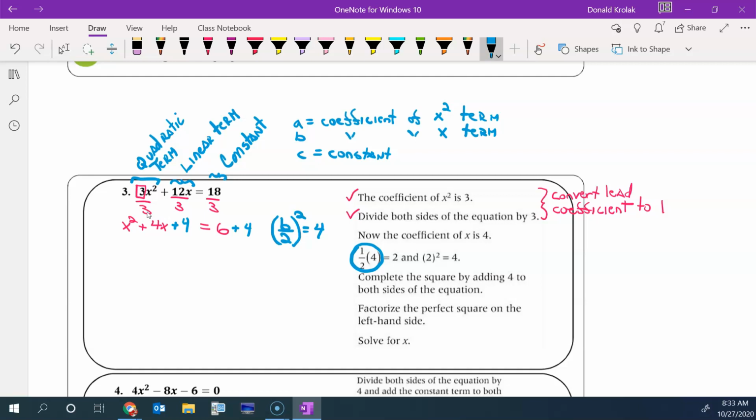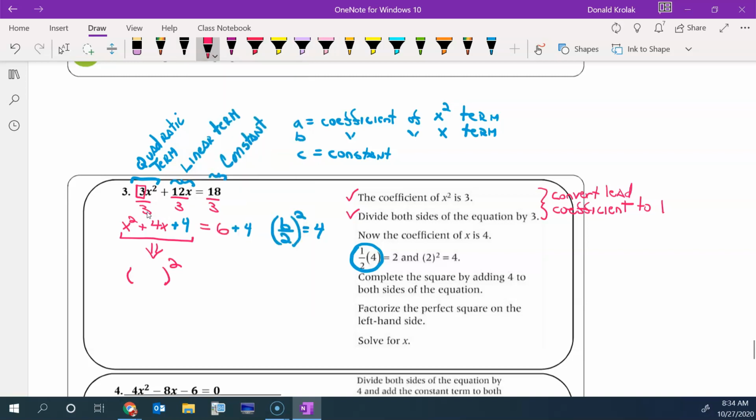All right, and now it's just a matter of factoring it. This is a perfect square trinomial. So it's always going to factor into, it'll never be two separate binomials.